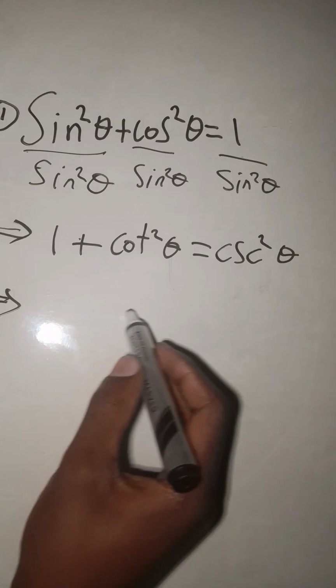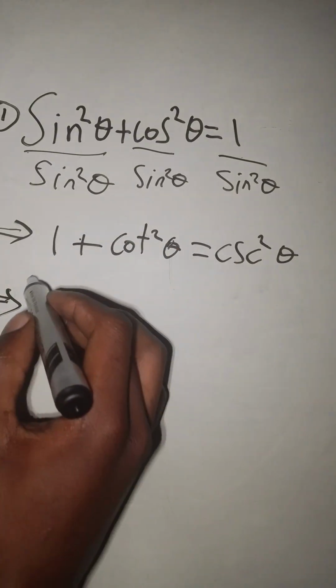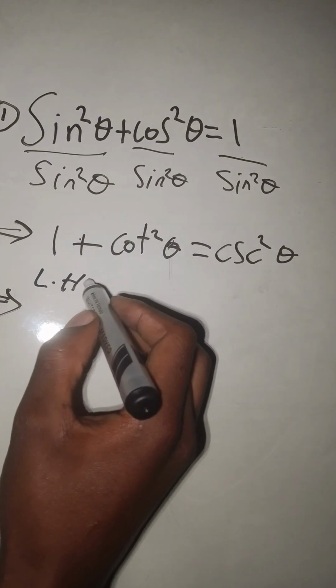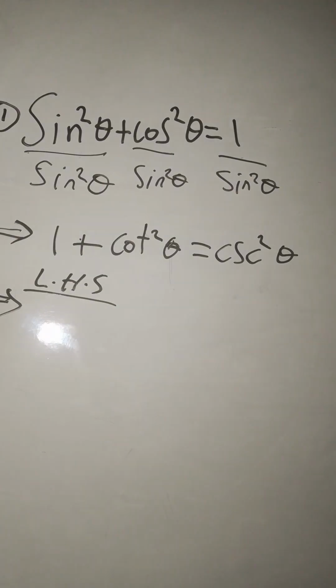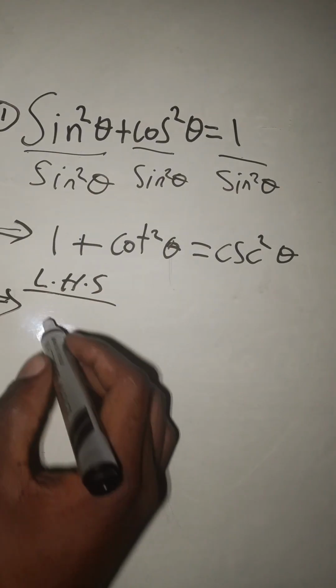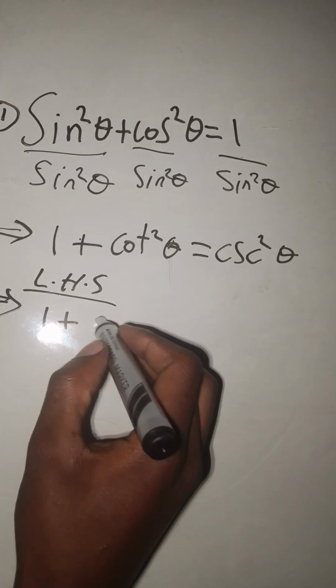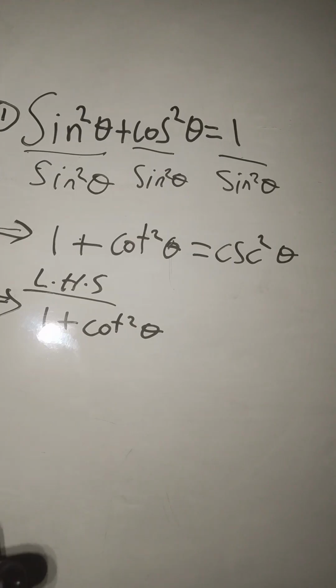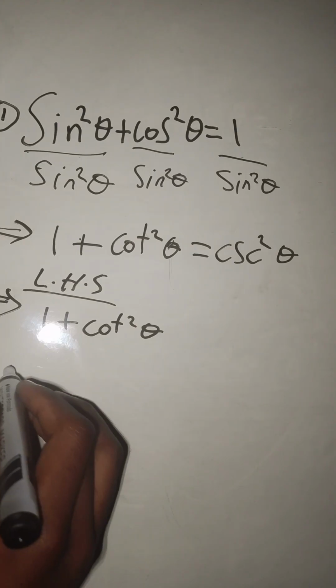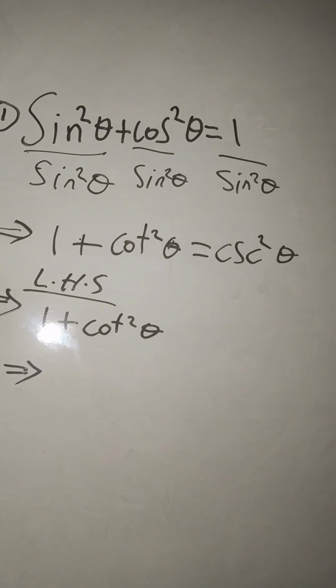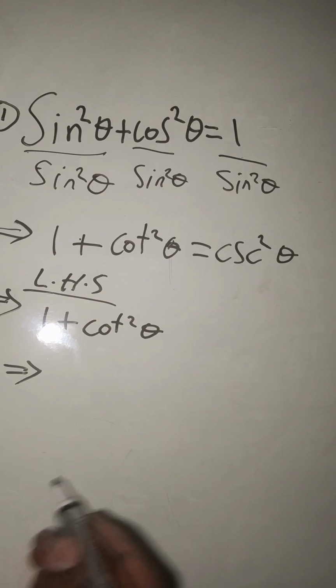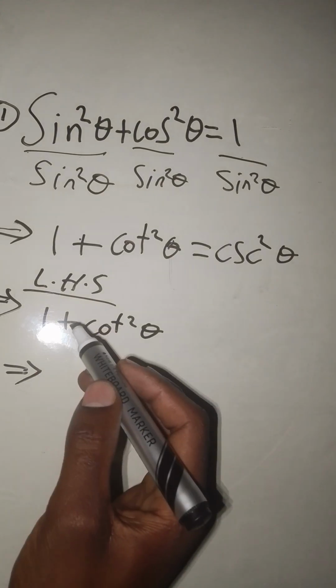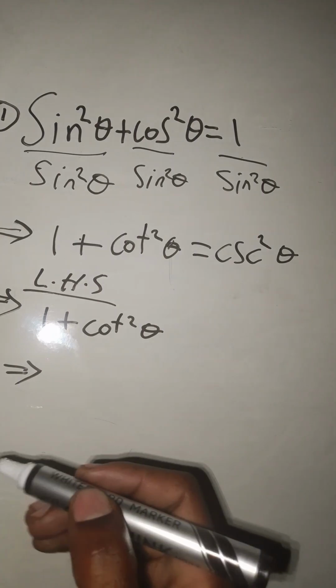In this case, we are going to choose the LHS, the left hand side. So let's work on the left hand side. On the left hand side we have 1 plus cotangent squared theta. Okay, so this is what we have on our left hand side. So now we are going to solve. We show that the left hand side is equal to the right hand side.